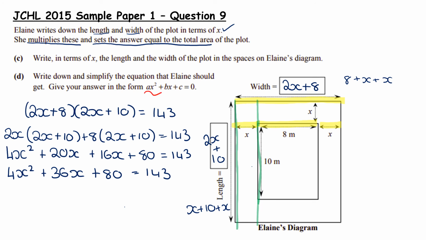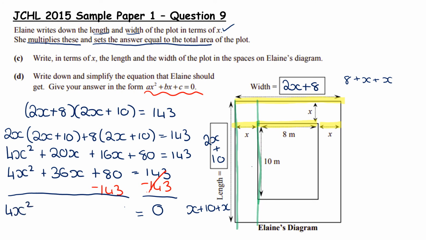It's not quite what we want yet. We're going to take the 143 away from both sides. At this point, it might be starting to look familiar. Despite Elaine and whoever we looked at previously using two different methods, they have in fact ended up with the same answer. So that's minus 63 equals 0.